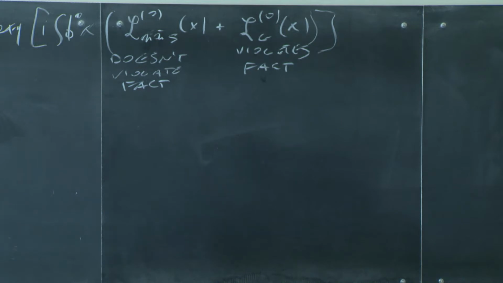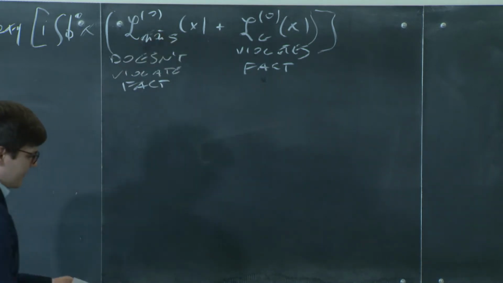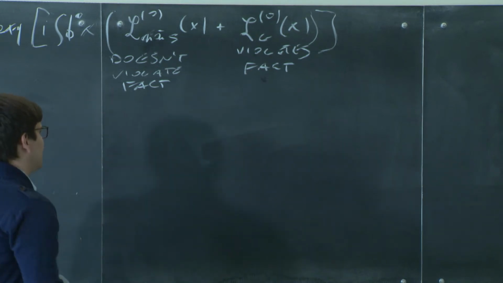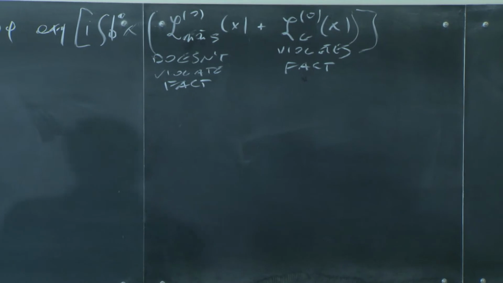So the idea is to keep at all orders the evolution in the non-violating piece, and to insert perturbatively the violating part.